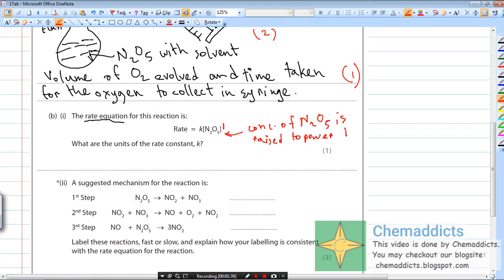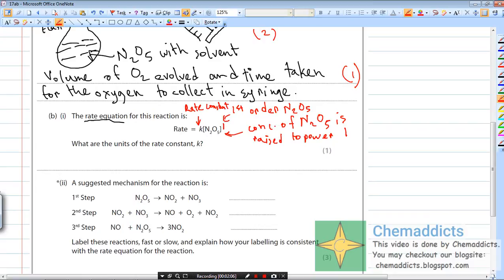So it is first order with respect to N2O5. And this is the rate constant. This is called the rate constant.